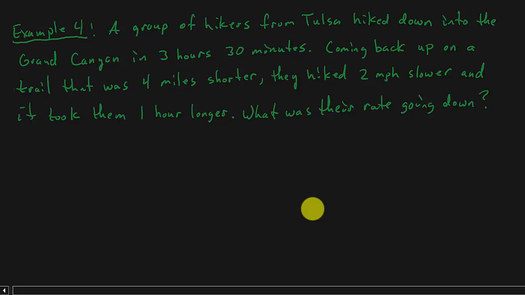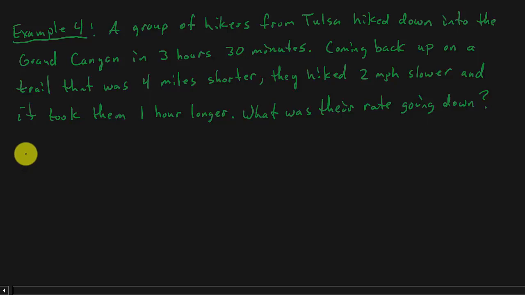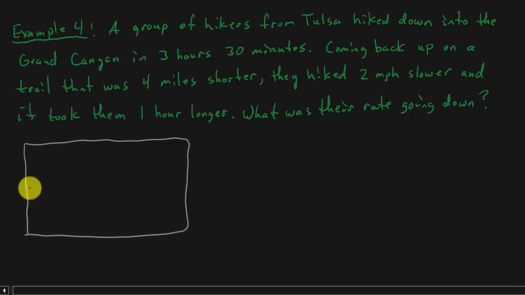All right. So these distance, rate, time problems, I would make a table and just fill the table out. That's all you got to do. So let's see our table here. We've got going down, going up.